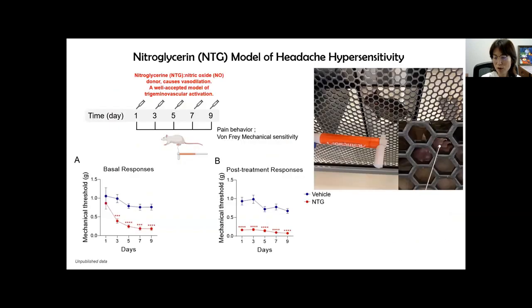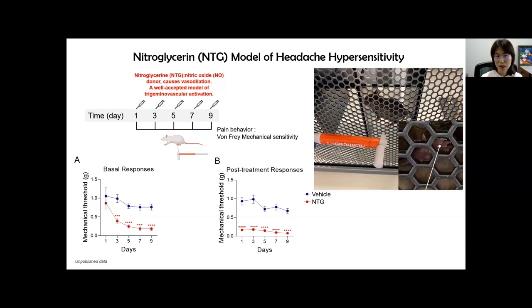The next question was how we can actually monitor headache in a circadian time point way. So we use the nitroglycerin-induced headache model. NTG is an NO donor and a very well-known vasodilator. The reason it became a headache model system is that NTG was used to treat coronary artery heart disease patients when they have chest pain, when they need blood vessel dilation to reduce the heart burden.